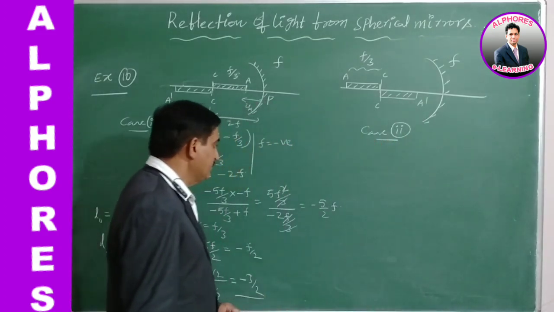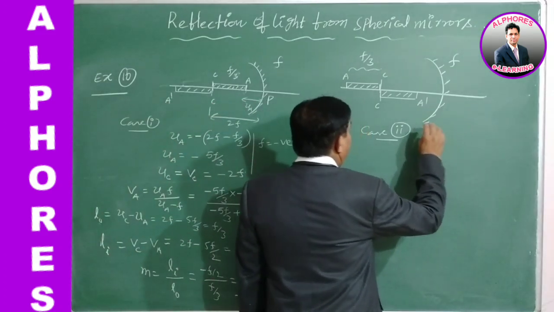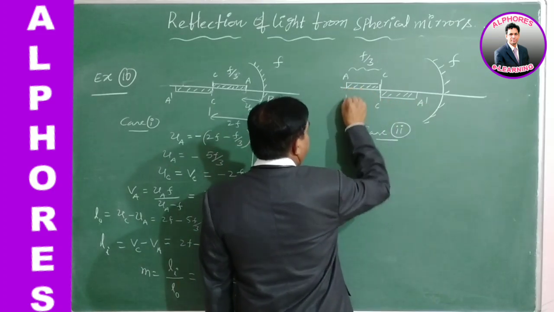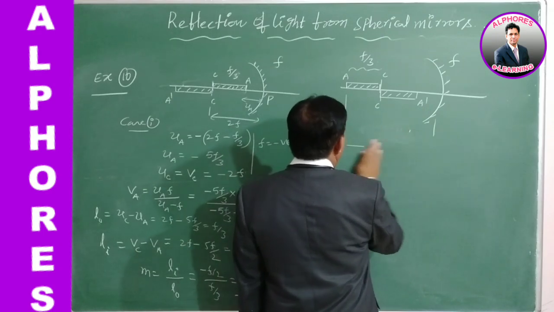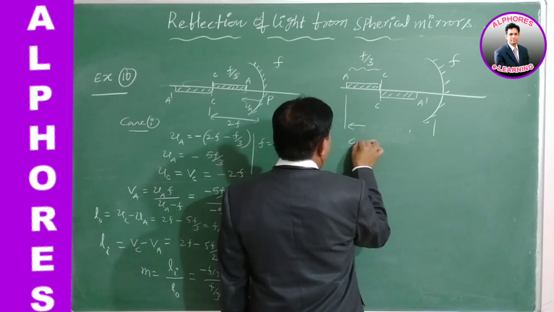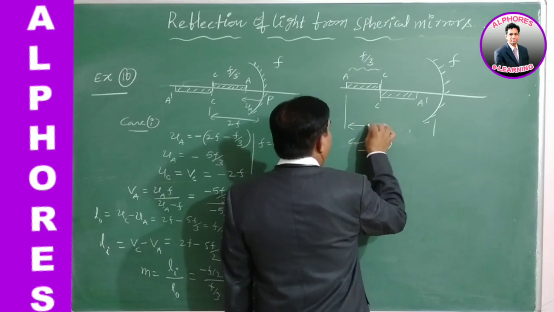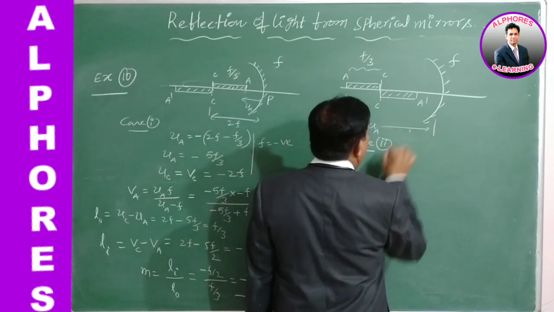And in a similar manner, we go for the second case. In the second case also, let us find its value. So here this is the object distance from here to here. So this object distance UA.